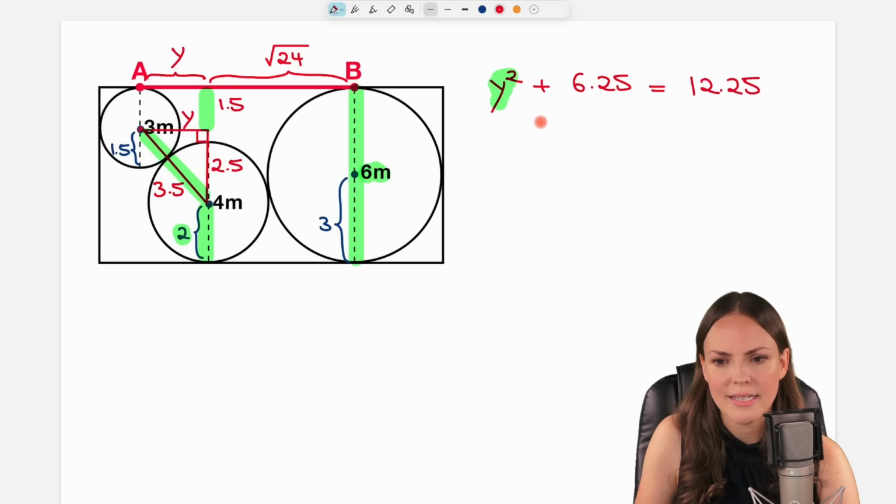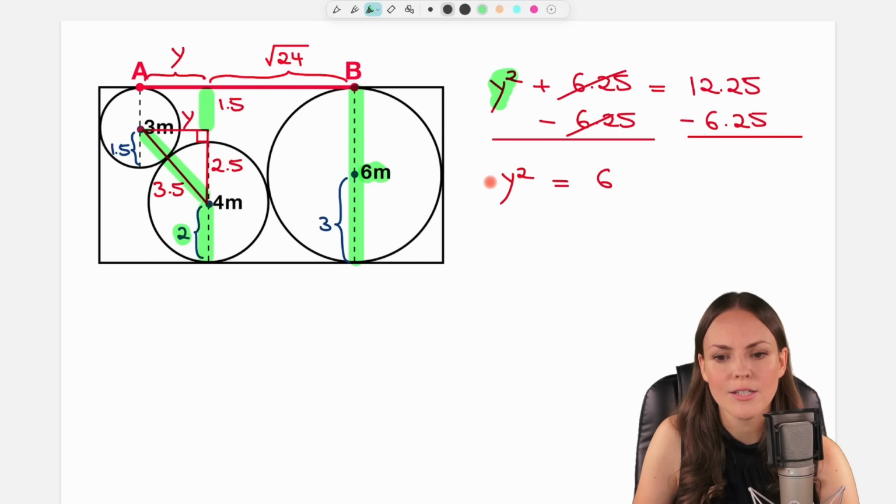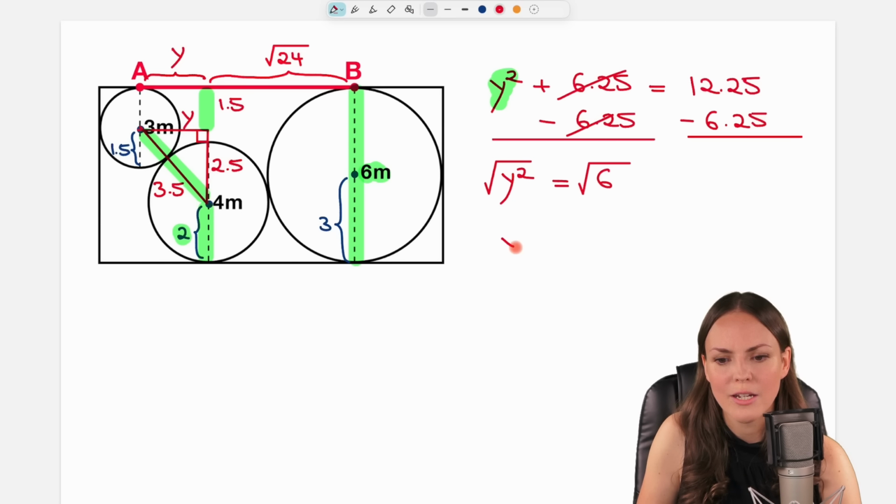And now we want to solve this equation for y. So let's subtract 6.25 on both sides of the equation so that we have y squared here. This is 0. And on the other side, 12.25 minus 6.25 is equal to 6. So to solve for y, we have to get rid of the square. So let's take the square root on both sides, and we get two solutions for our y, a positive and a negative one.